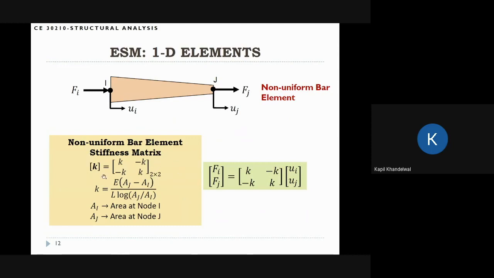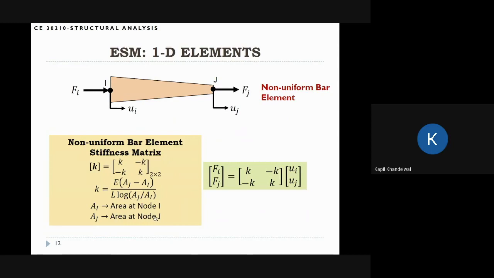If you recall, the K is given by E multiplied by AJ minus AI divided by L log of AJ divided by AI. Here AI is the area at node I and AJ is the area at node J. Another important observation is that you can switch the entries here.